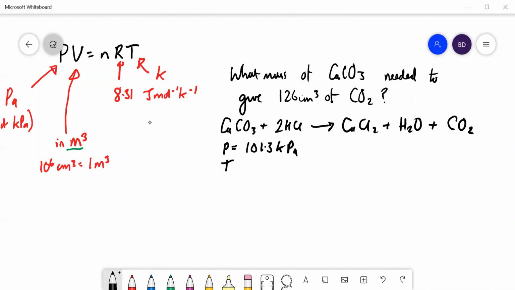The temperature is 25 degrees C. And the ideal gas constant up there, 8.31. So we need to work out how many moles of carbon dioxide we've got from this. And then we can see in the equation that 1 mole of calcium carbonate gives us 1 mole of carbon dioxide. So then we can work out the moles of calcium carbonate and then the mass of calcium carbonate.